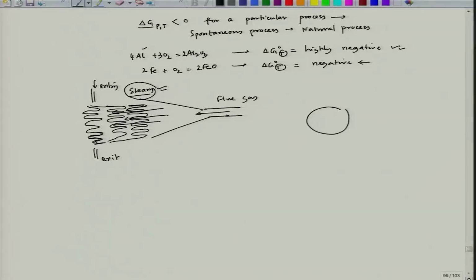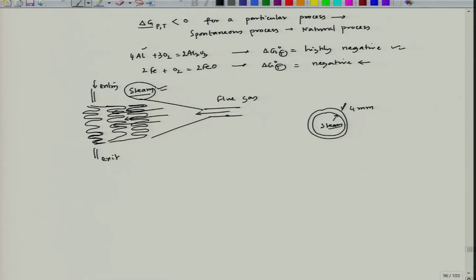Now, let us say the pipe wall thickness is 4 millimeter. This is the pipe through which steam is flowing, fine. Internally we have steam flowing.